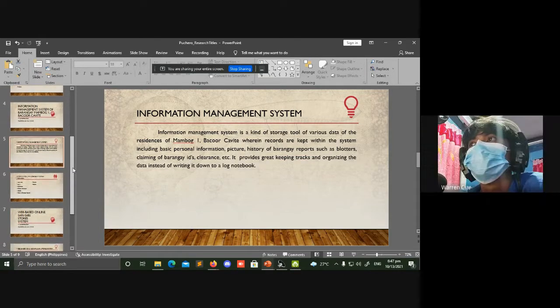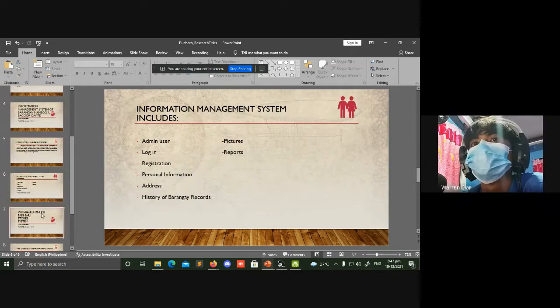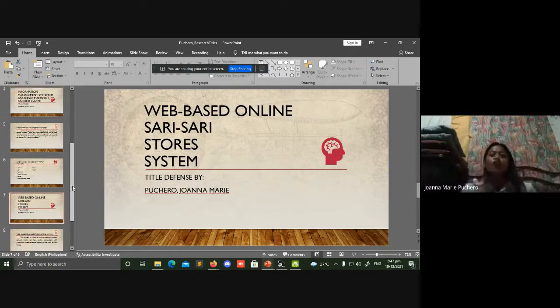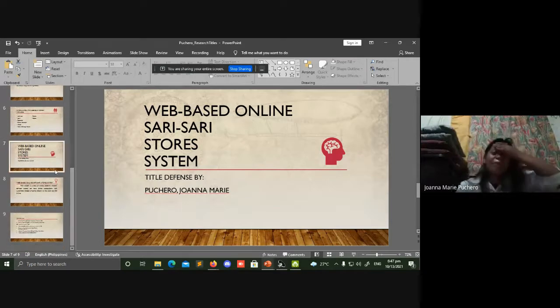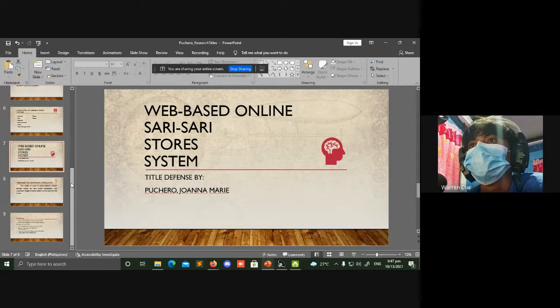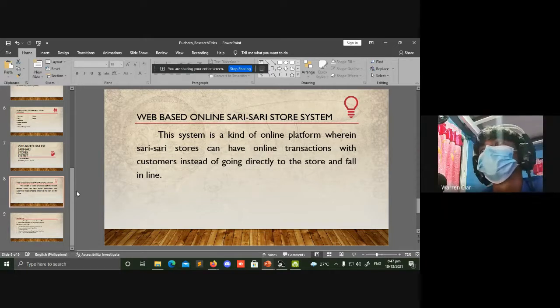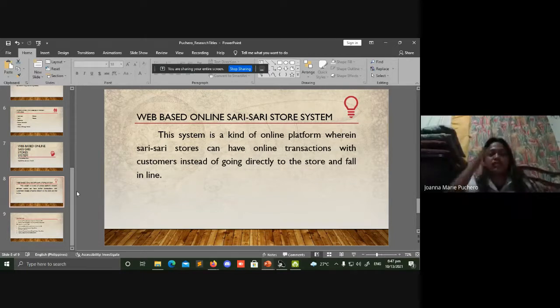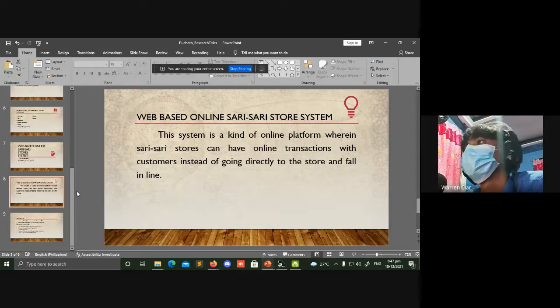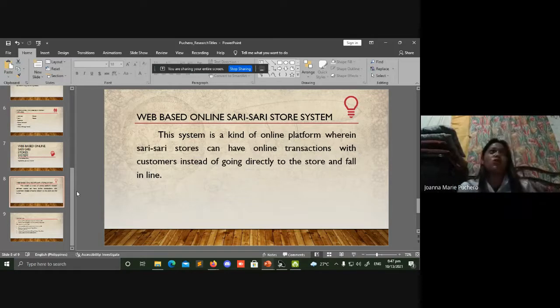The last, least, and not so common title is a web-based online sari-sari store system. For the details, this system is a kind of online platform wherein sari-sari stores conduct online transactions with customers instead of customers going directly to the store and falling in line. We all know that every weekend is a shopping day.